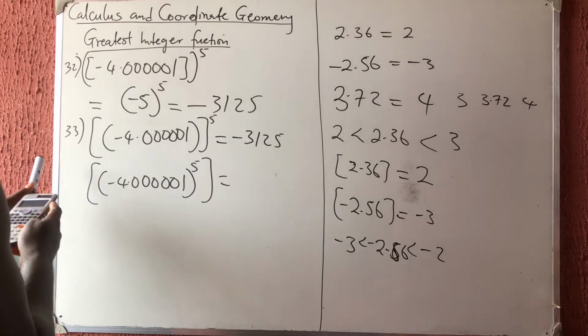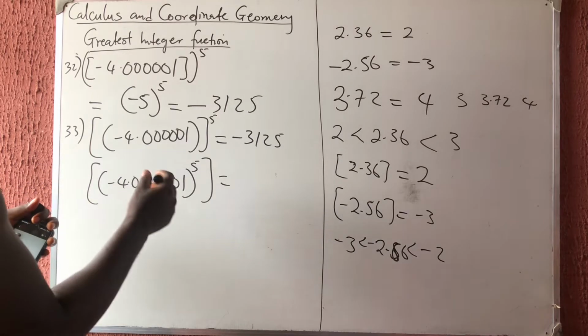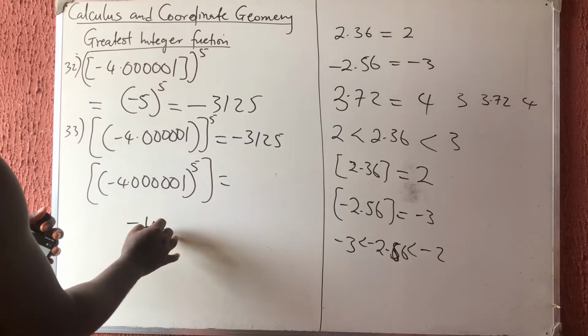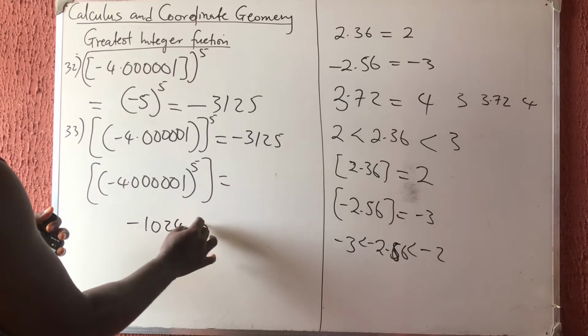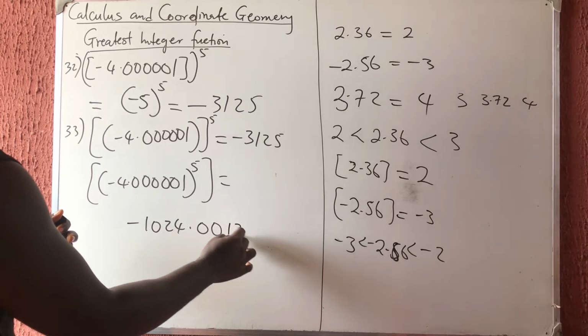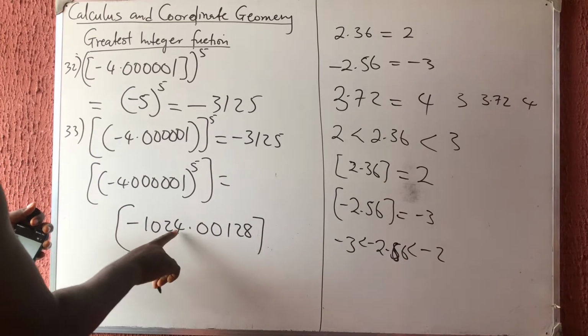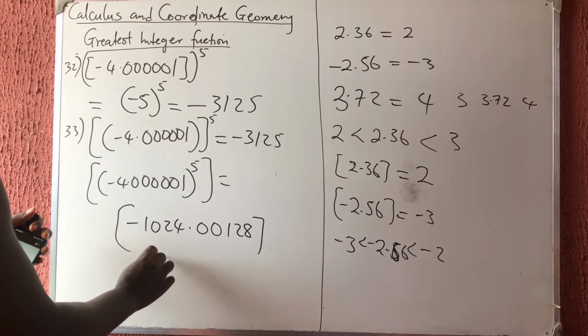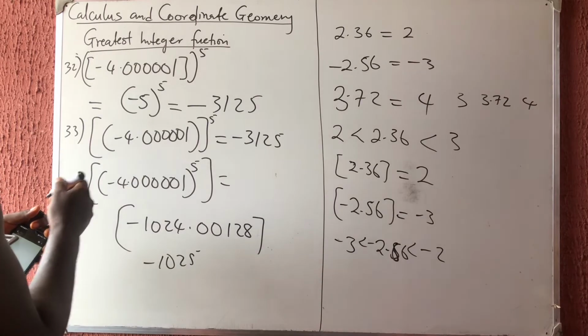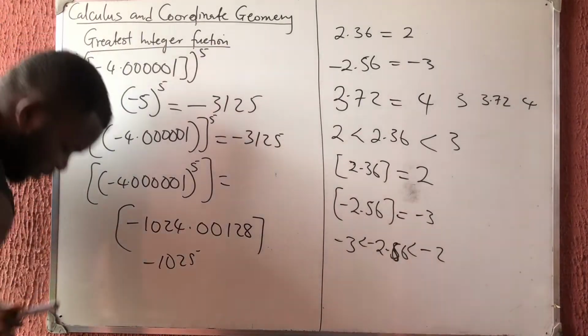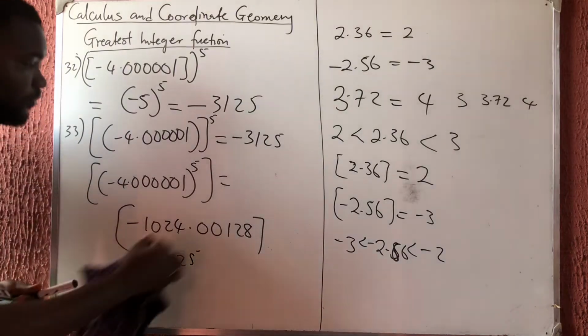So I'm having minus 1024.00128. Okay, now the greatest integer function of this is just to add 1 to this last part, which is minus 1025. Okay, but that is not the question. I just decided to show you in case of necessity.